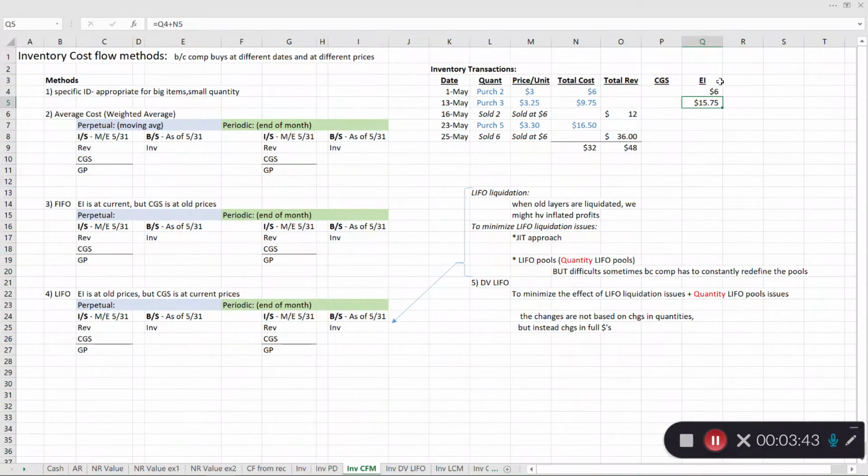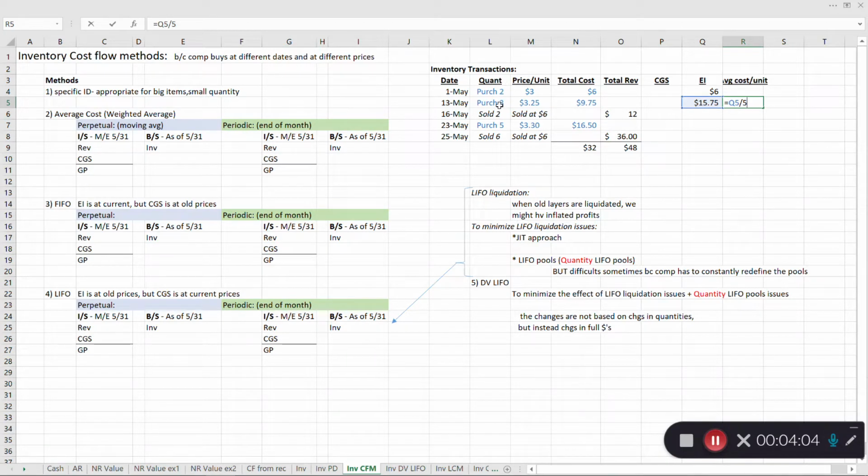When I get an average cost per unit, I'm going to take the $15.75 and divide it by a total of 5 units. And I know it's 5 units because I purchased 2 over here and 3 units.